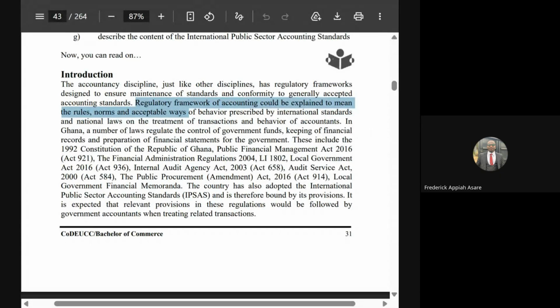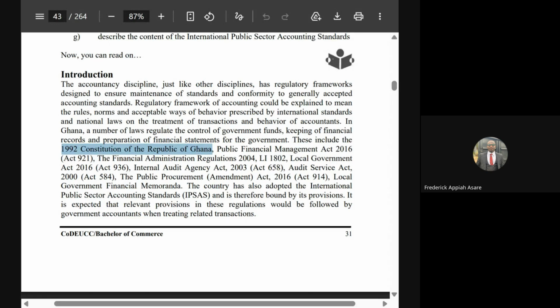So when it comes to Ghana, a number of laws regulate the control of government funds, keeping the financial records and preparation of the financial statements for government. And when it comes to Ghana, what do we usually base on in the preparation of these public sector accounts? The first one that you have to consider is the 1992 Constitution of the Republic of Ghana.